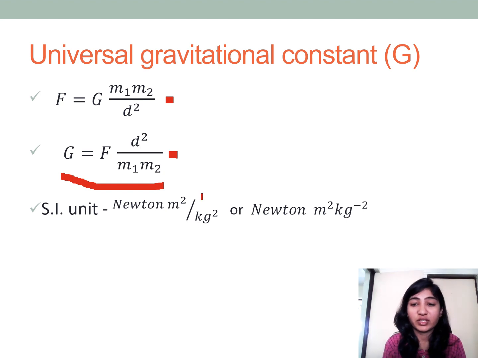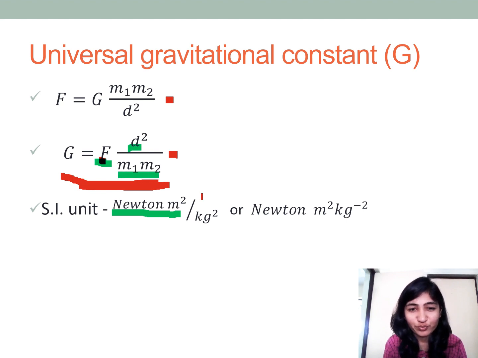So its SI unit from this formula, which is marked here. From this formula you can form its SI unit, which is Newton for force, right? Newton for force, into distance square, that means the distance SI unit, meter square, then m1 into m2, so kilogram into kilogram, kilogram square, right?